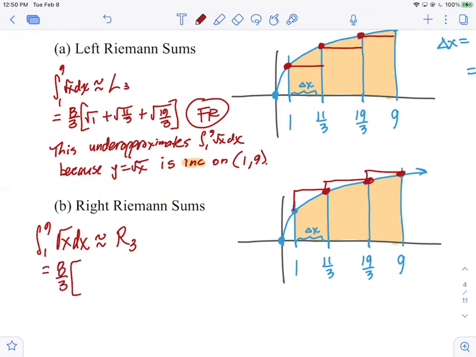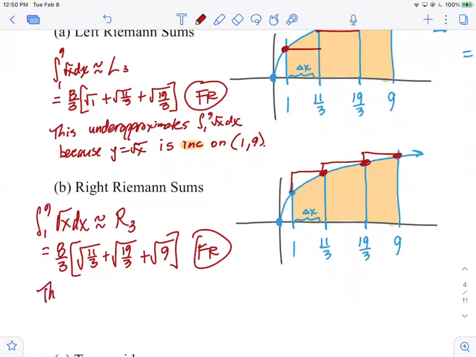Make sure you're applying the function to them. So it's the square root of 11/3 plus the square root of 19/3 plus the square root of 9. And there's really no reason to go past that. Width times height plus width times height plus width times height. The width's factored out.